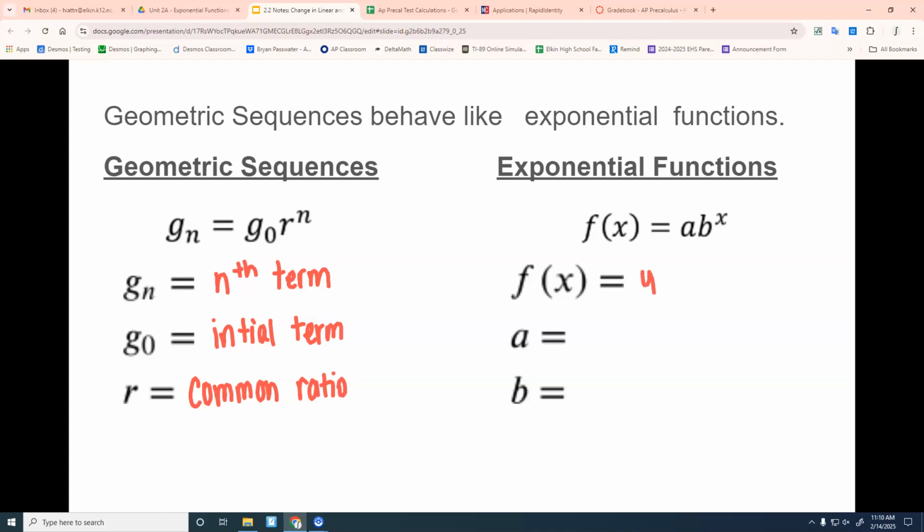f of x is your y value of the function at that point. a is your initial or starting amount. Thank you, Autumn. And then b is your growth or decay factor.